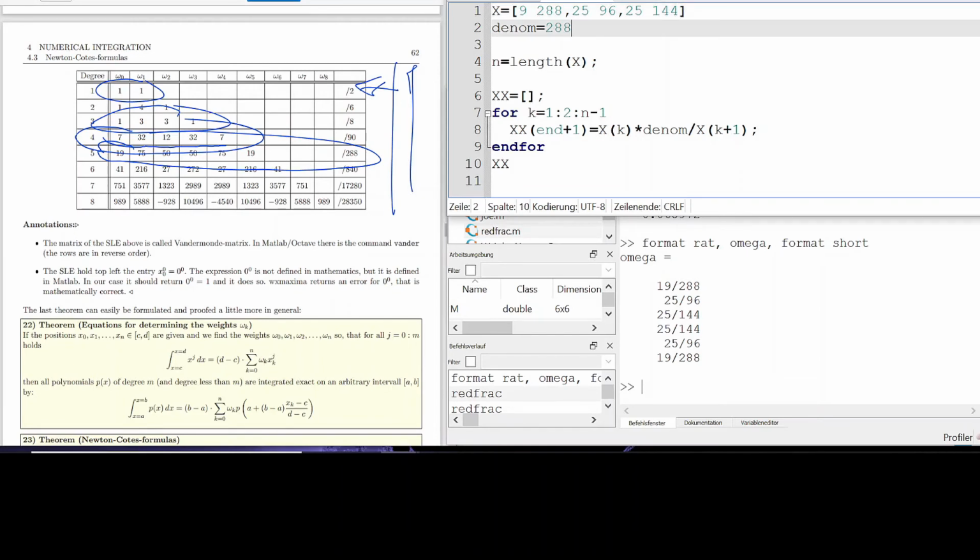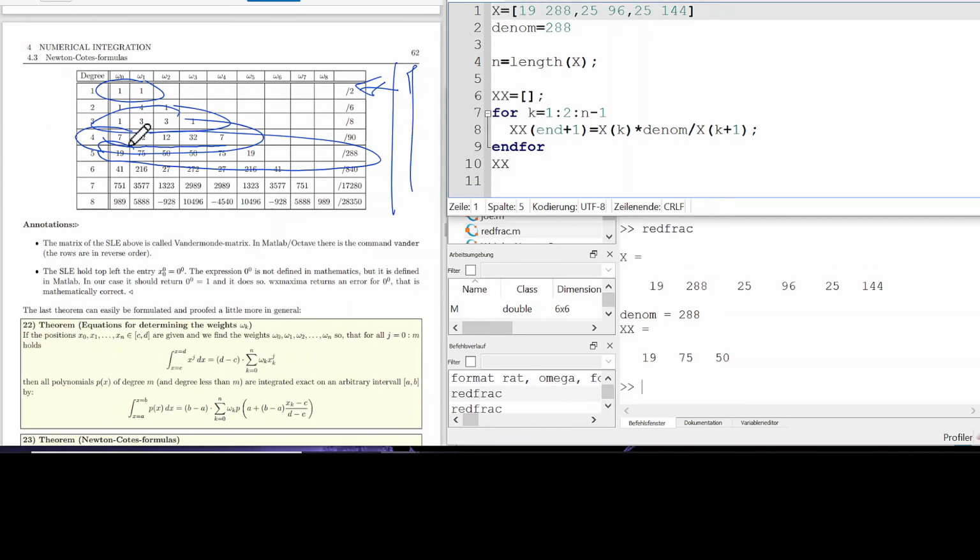I want the denominator 288. Let's run the code. And I get 9. No, it was a 19. 19, 75, 50, 50, 75, 19.